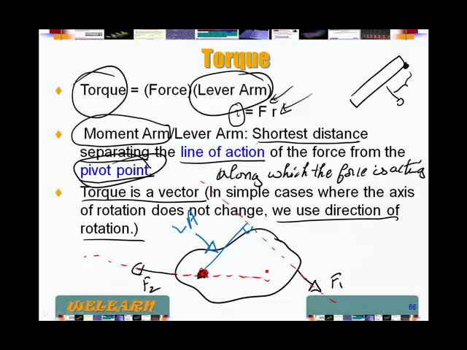The line of action of that force goes through the pivot point. This means that force is going to result in no lever arm, since it goes through the pivot point.